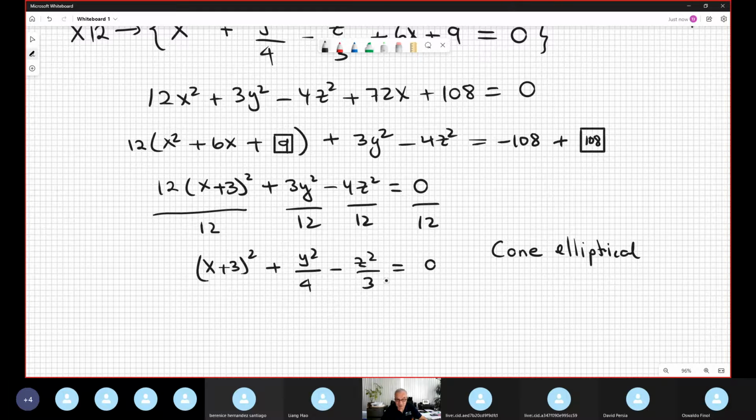The reason it is elliptical is because this cone is not circular. Actually, it is a double cone. But this part is ellipse, no circle.